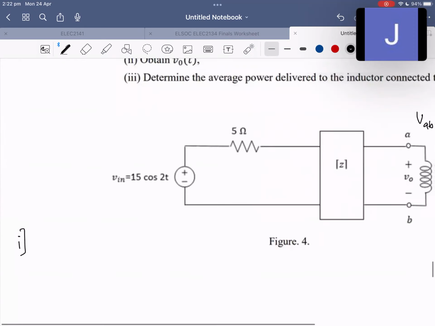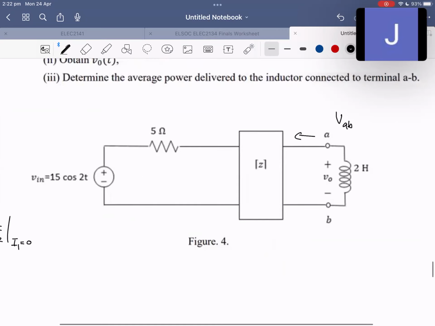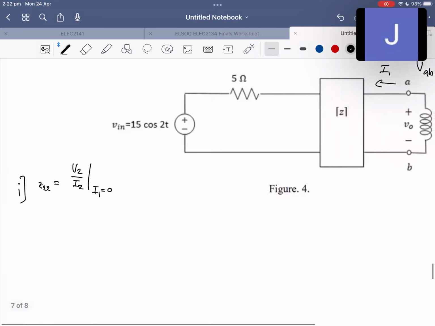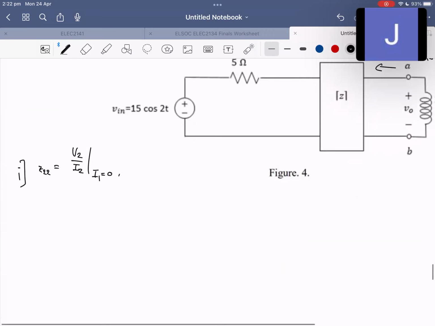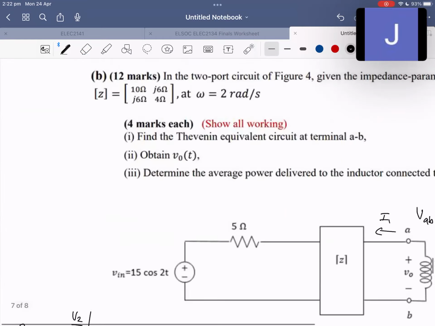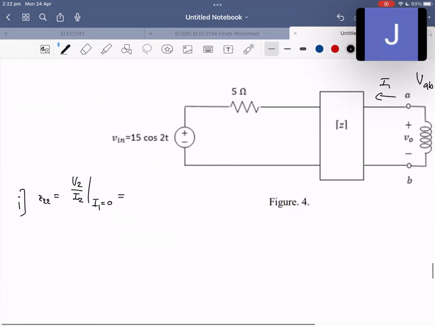Z22 is defined as V2 on I2 when AB is open circuited, so I1 is 0, which is 4 ohms from the matrix.